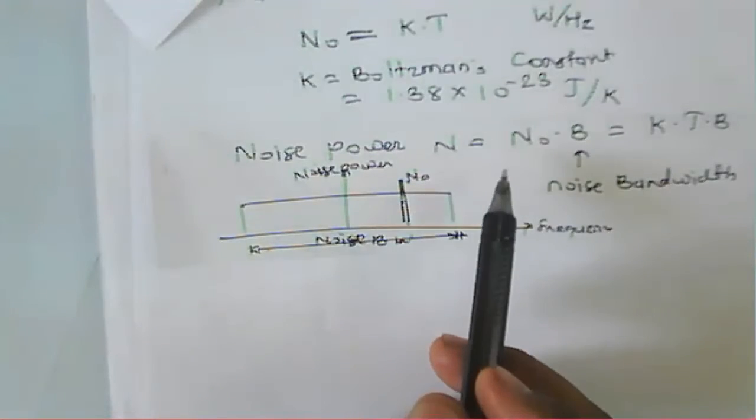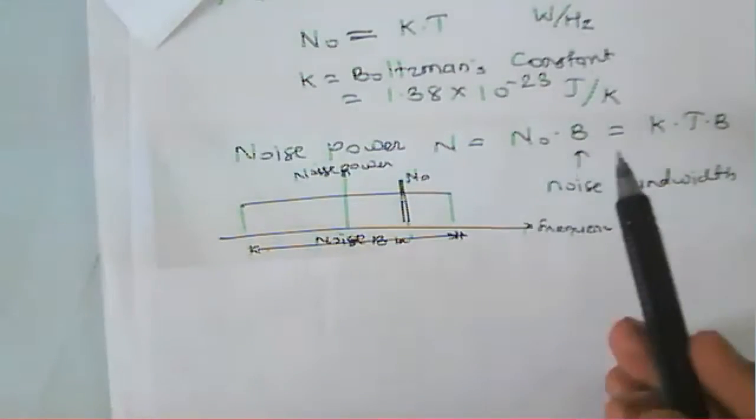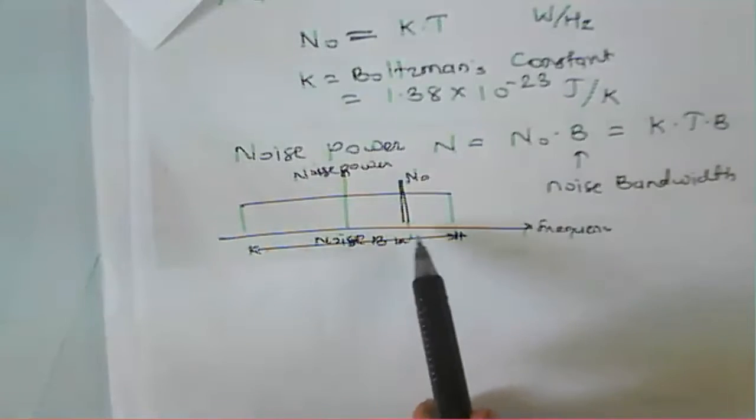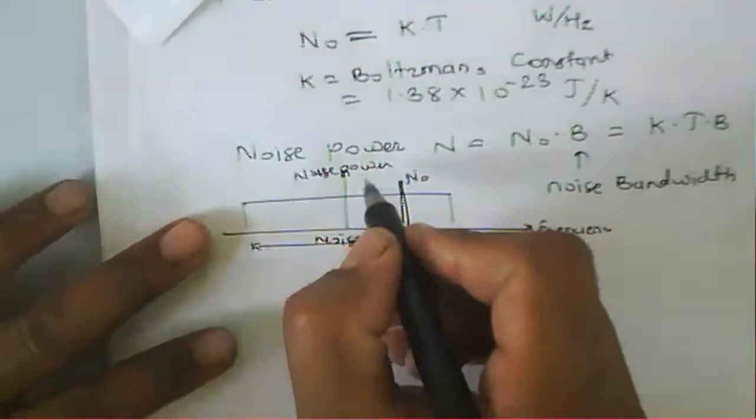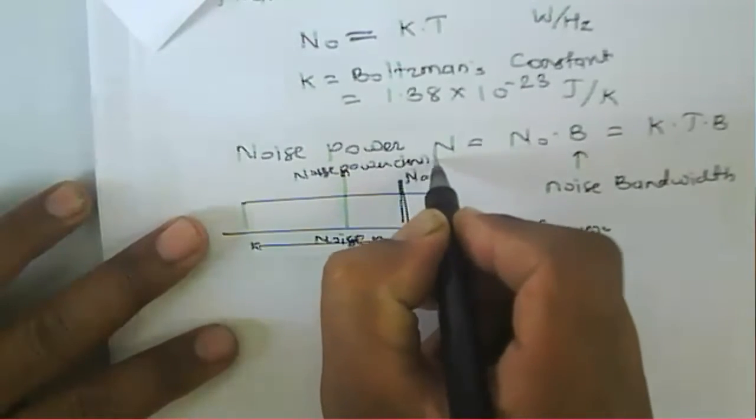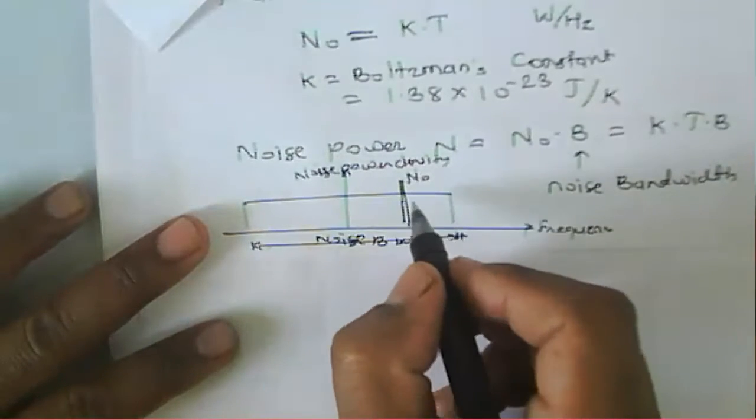So noise power is a function of the bandwidth of the signal and the noise power density, and this is N0.